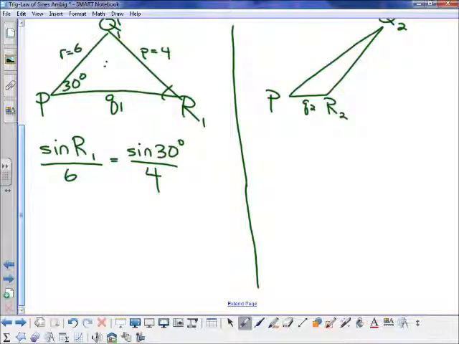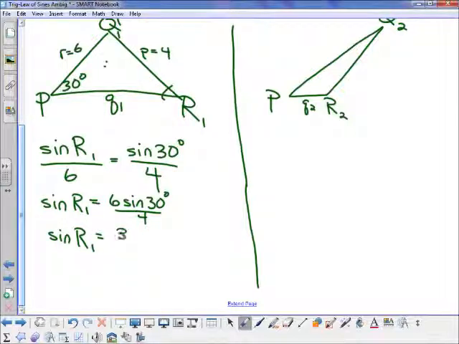So sine of R1 has to equal 6 times sine of 30 over 4. Now this happens to be nice enough numbers where I don't need to pull out the calculator yet. Sine of 30 is a half. Half times 6 is 3. So we get sine of R1 equal to 3/4.